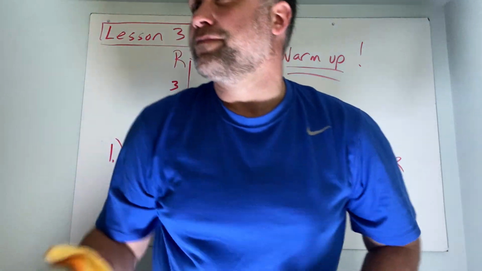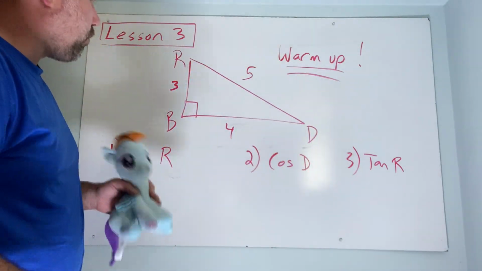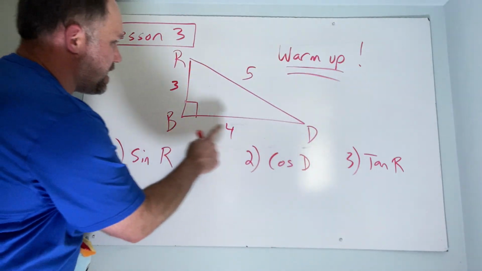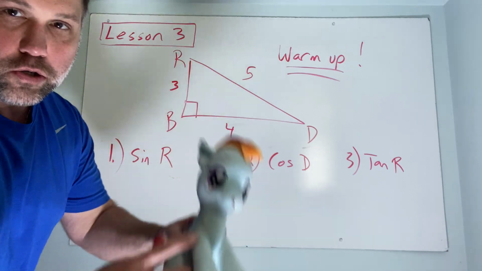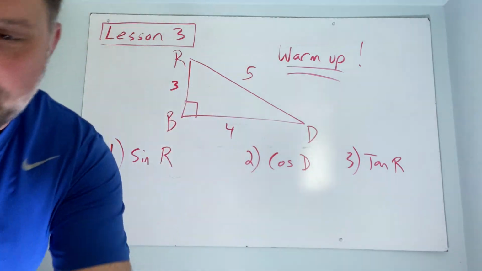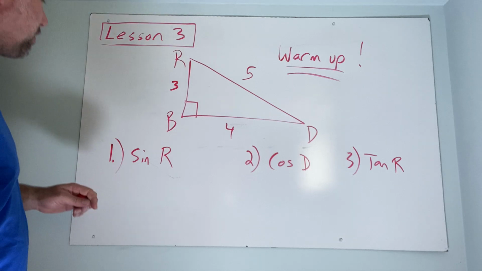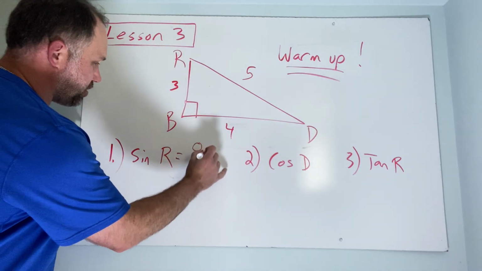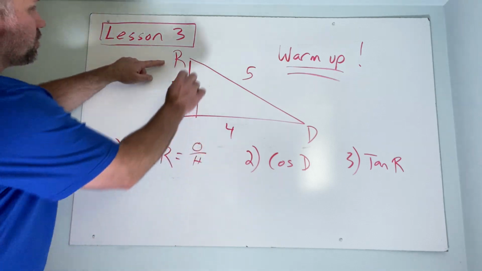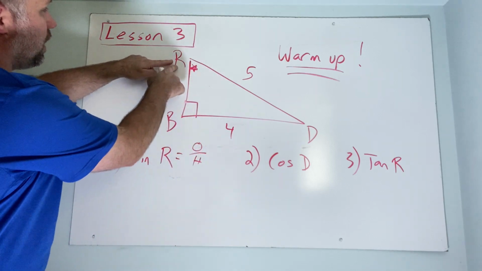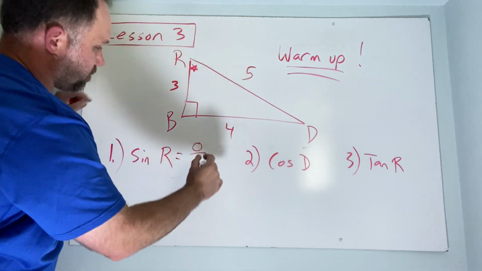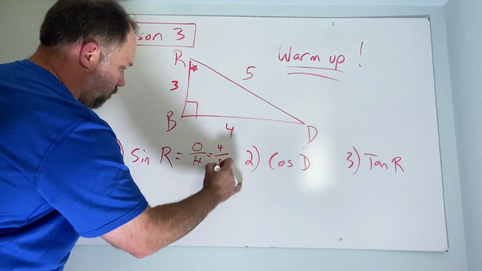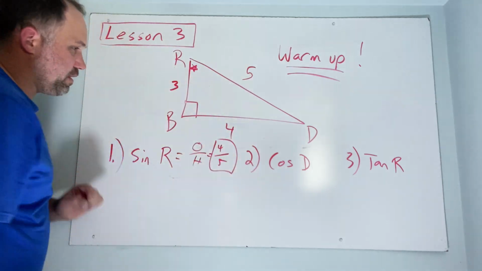Welcome back. All right, so on the board I have triangle RBD, which stands for Rainbow Dash, and we are going to go over this real quick. So sine of R, sine, remember, is opposite over hypotenuse. So here's angle R, opposite is 4, hypotenuse is 5, so 4/5 would be your answer there.